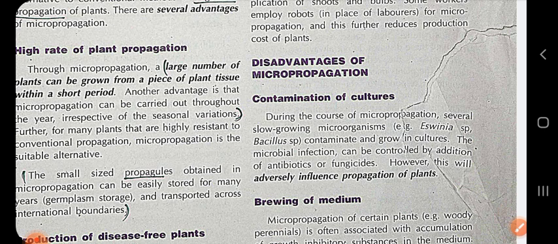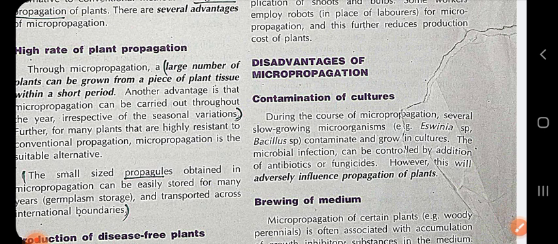Mainly, pathogens like fungi normally enter the culture, and your whole labor gets wasted actually. During the course of micropropagation, several slow growing microorganisms contaminate the culture and they grow.